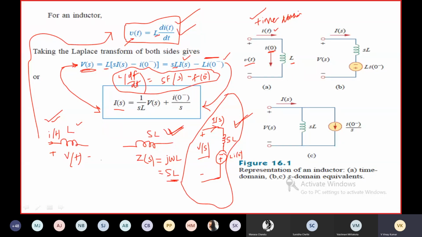Now let us draw the circuit model based on the current equation. You are going to have a parallel circuit, because the current will be dividing.